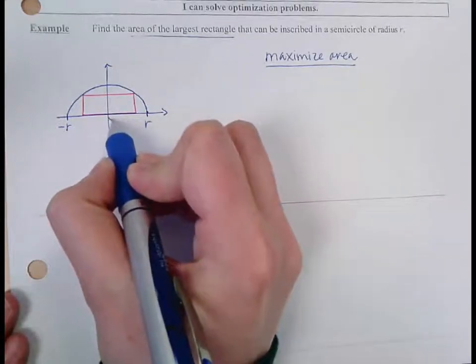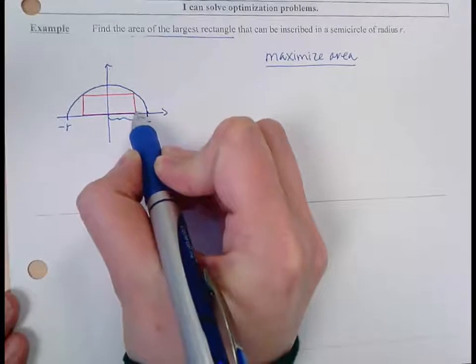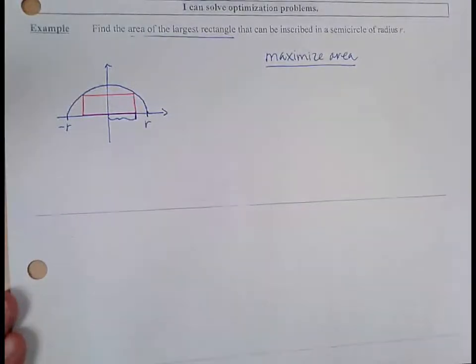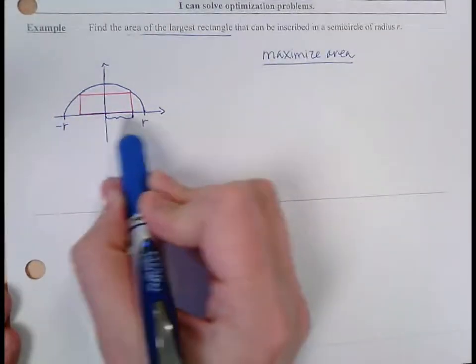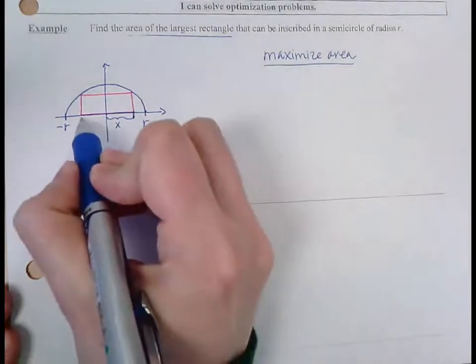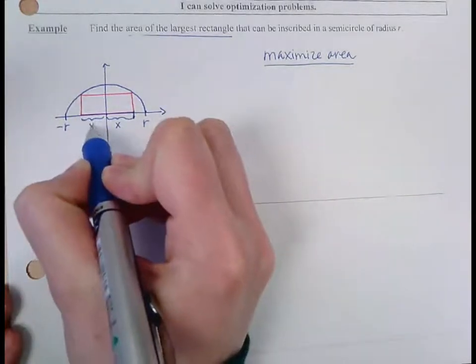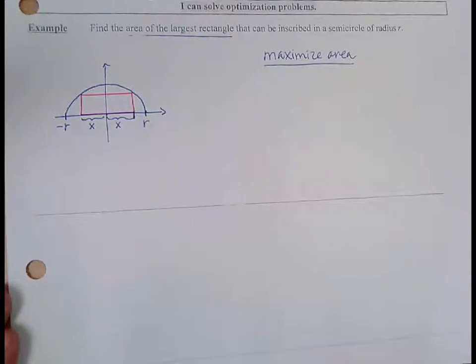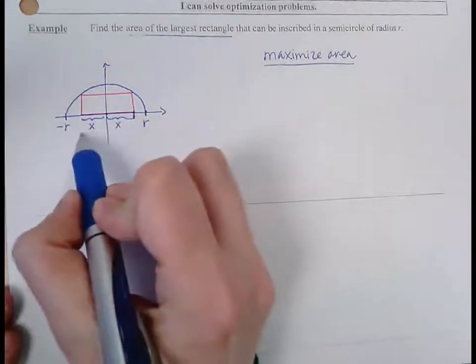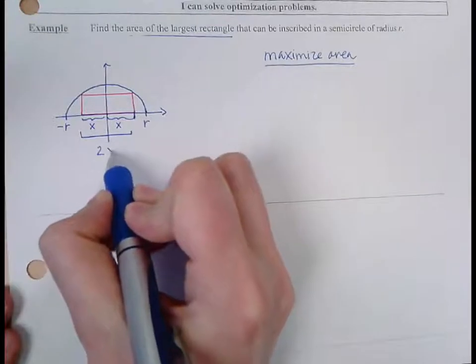So I'm going to call this length here from the origin to the rightmost boundary of my rectangle, that is a distance of x, so whatever x value that would reach. And that means this distance here is also a distance of x, just in the opposite direction. So altogether then, the length of my rectangle would be 2x.